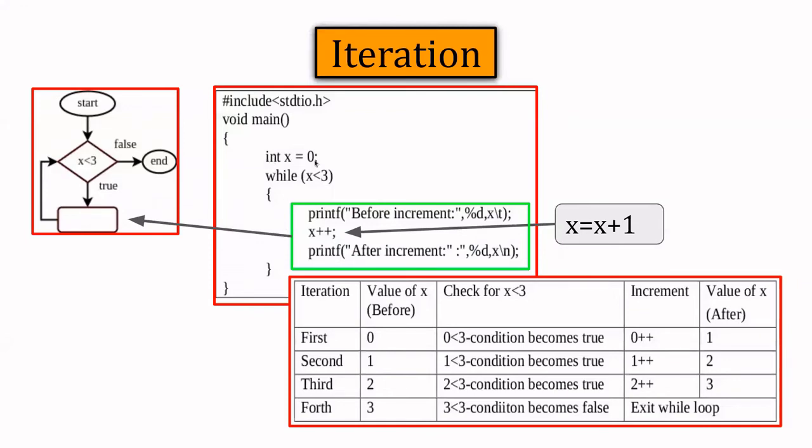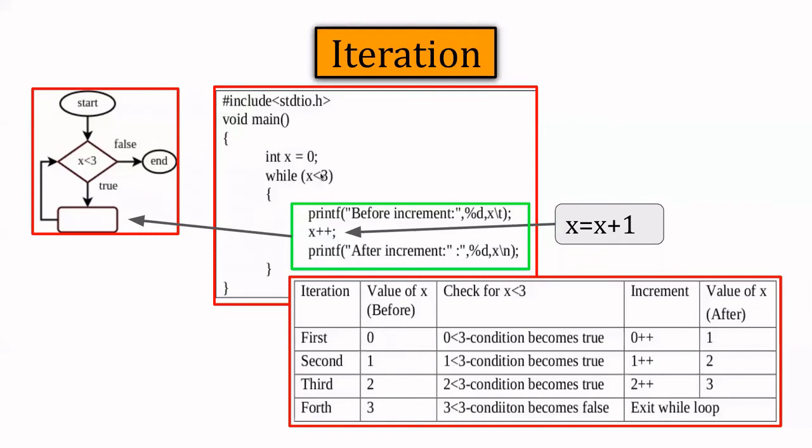Int x equal to 0. Then while x less than 3. While x is less than 3, it will process these commands. There are 3 commands here. Therefore, we have to include open bracket and close bracket. Within these brackets, all the commands work within this while loop.